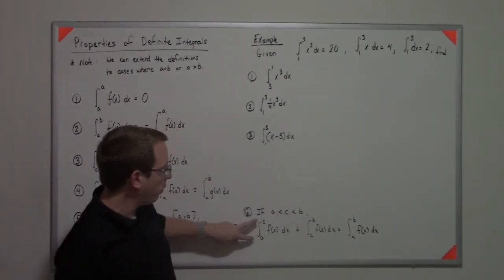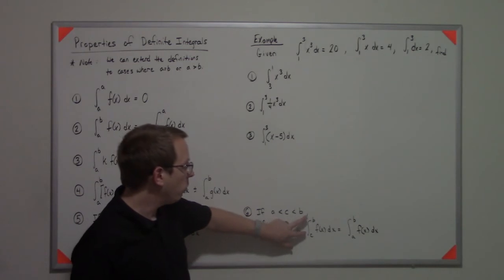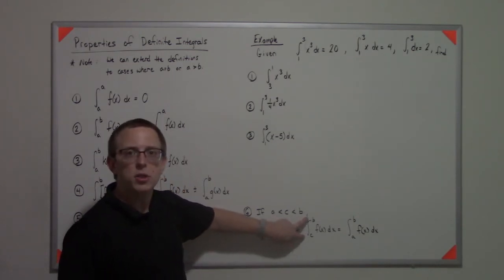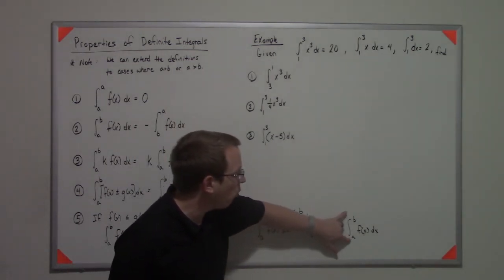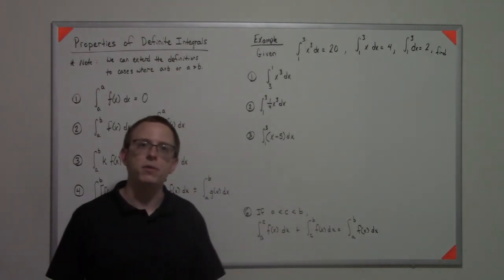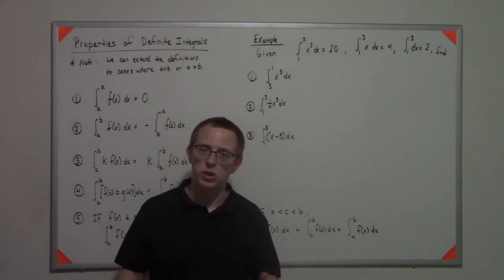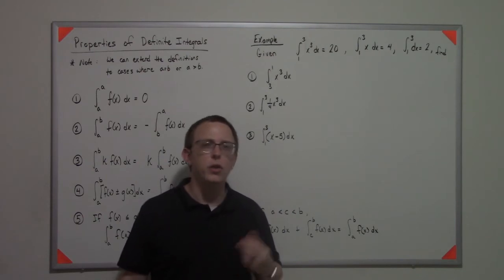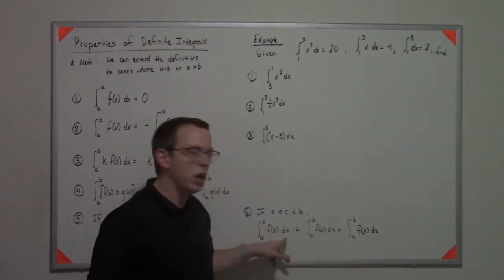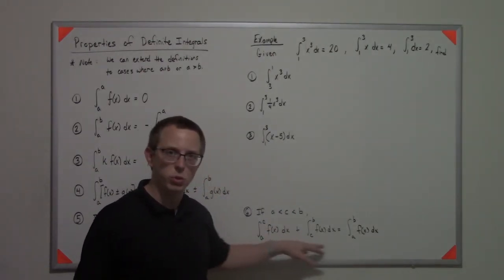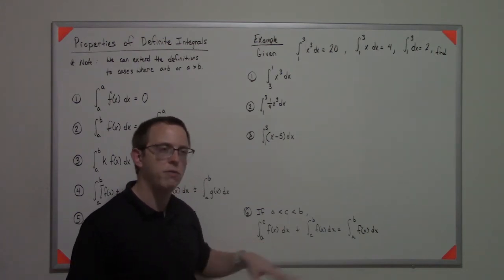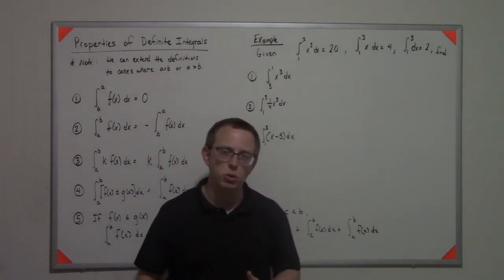I've got an integral from 1 to 2 and an integral from 2 to 4, so I can smash it together and just say the integral from 1 to 4. So I don't have to evaluate two definite integrals separately. That's a pretty common thing. There are other reasons you might want to go the other way, exploiting certain behaviors, but that's beyond the scope of what we want to do right now.